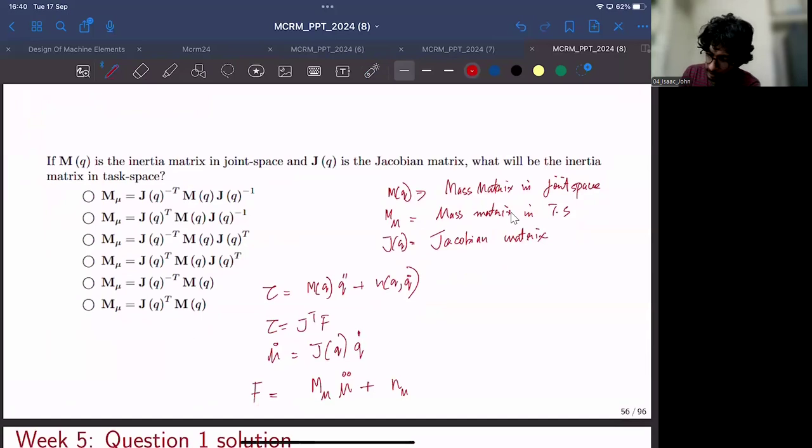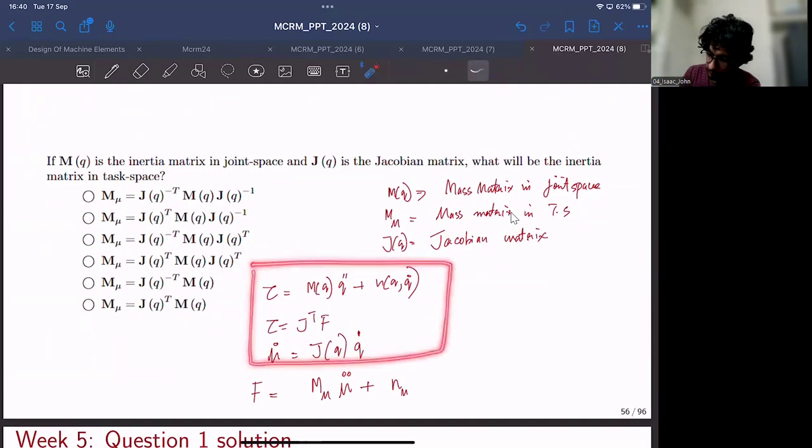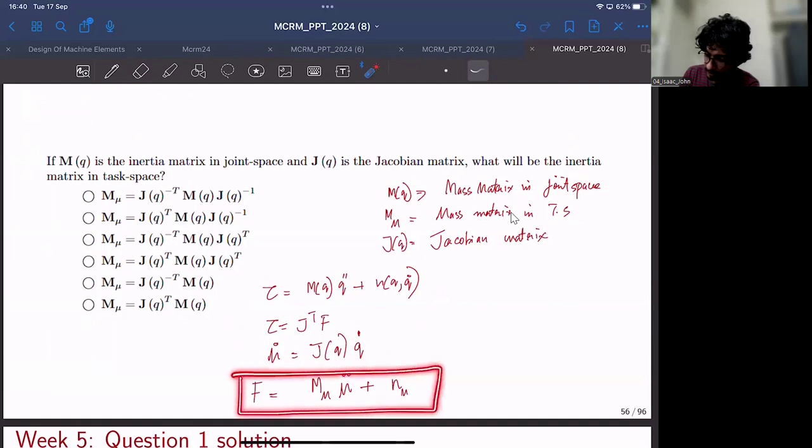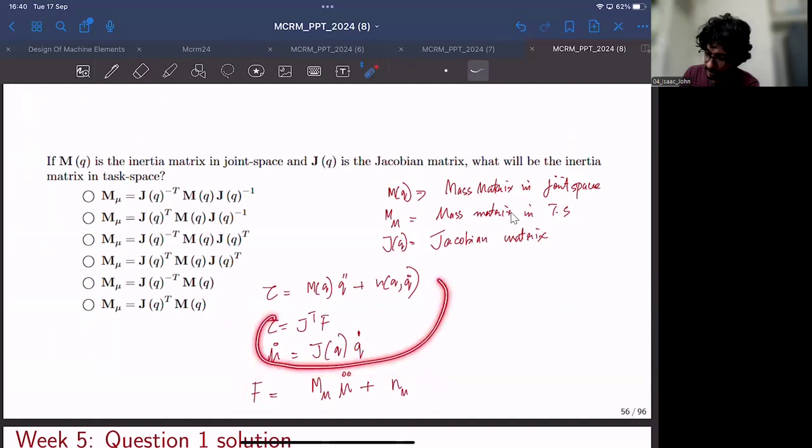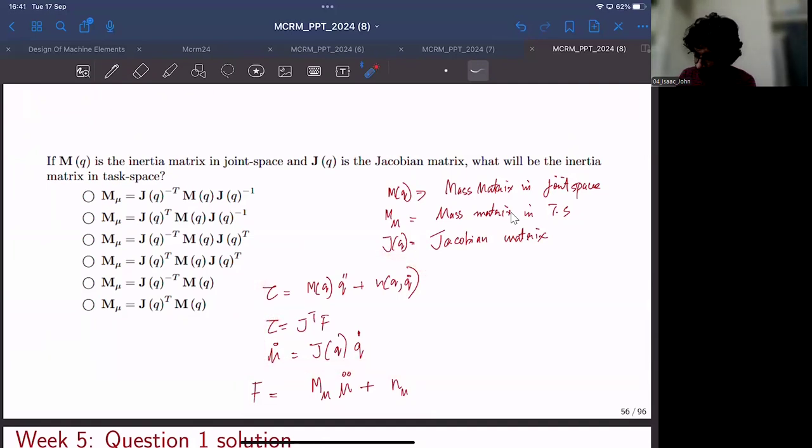So if you use all these equations, and if you can somehow bring this equation into this equation using these kinematics and the power conservation law, the coefficient of mu double dot would give you the correct expression for M of mu.